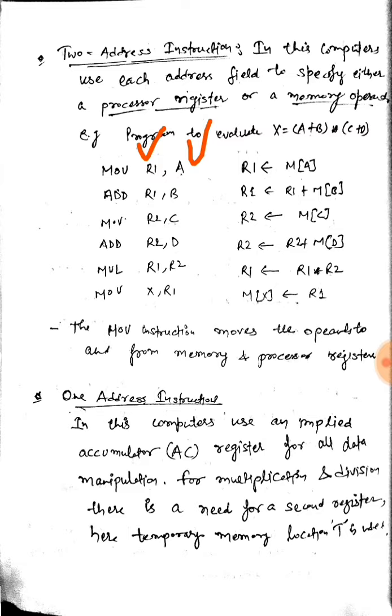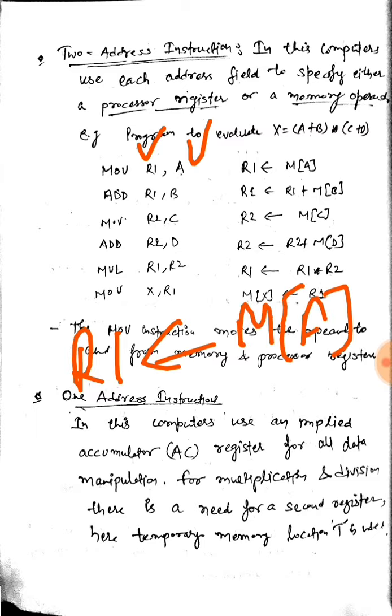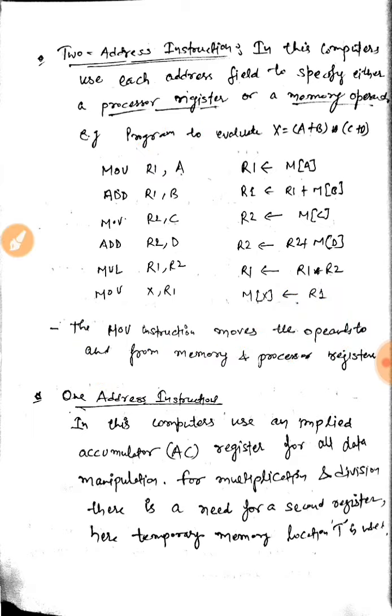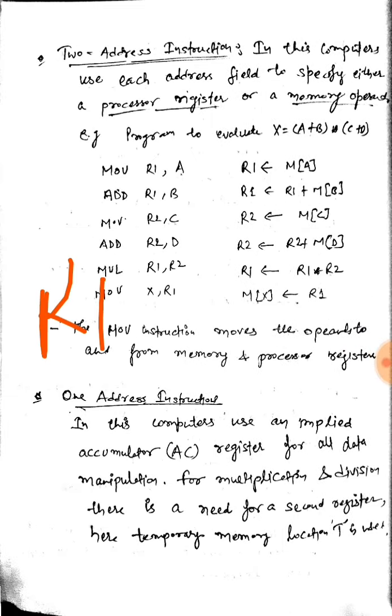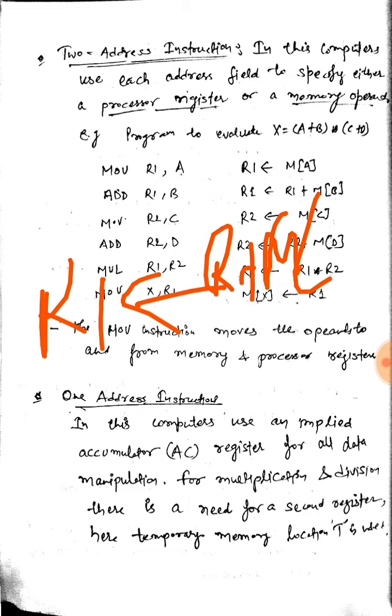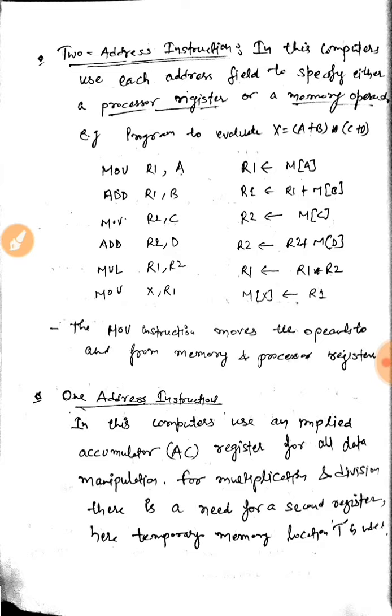First, in MOV R1, A, which is a shifting operation, we are initializing R1, that is, in register R1 we are shifting the operand of memory A. Now A is stored in R1, and I am adding B to this R1, that is R1 plus M of B. Then I initialize register R2 with the memory represented by C. Then D is added to R2 in the next instruction.